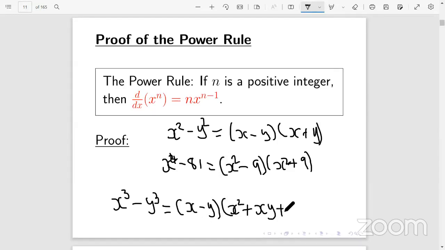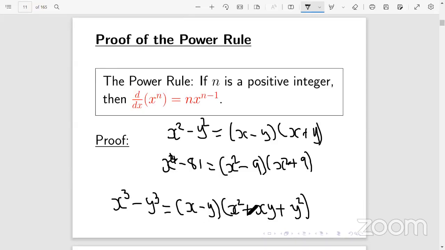Then here is always plus, then the last variable squared, so we just get y squared. So like I said, you start from x cubed minus y cubed with x minus y, just removing the cube. Then in the second bracket, you take the first variable squared, then the last variable squared. To get the middle term, you multiply those two variables together, and you get xy. Like I said, whenever you have minus here, you get plus.